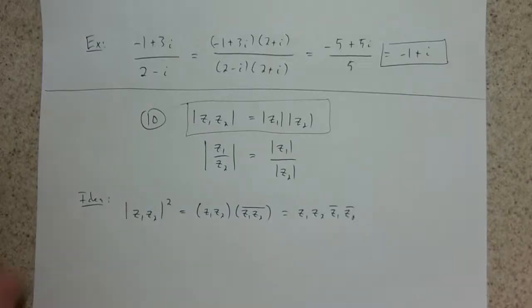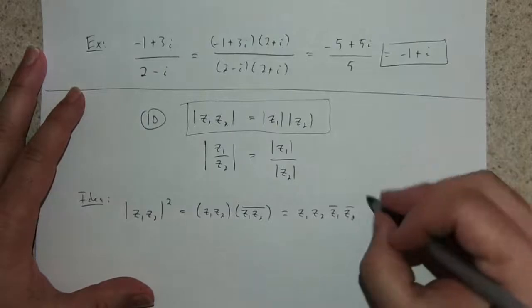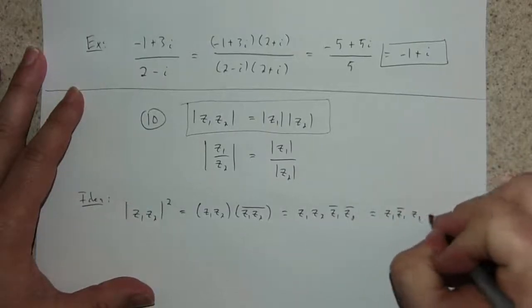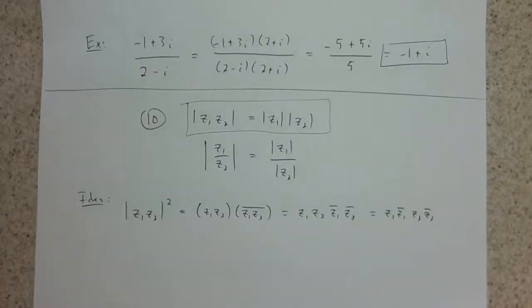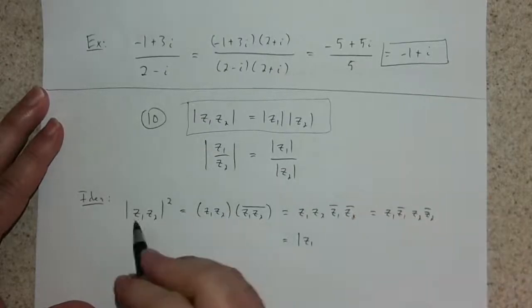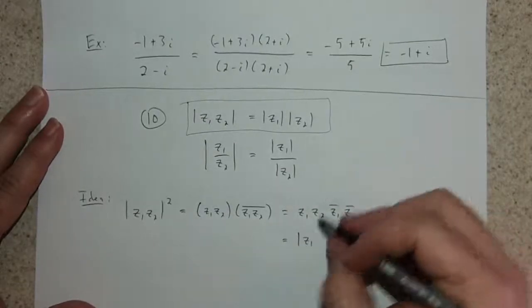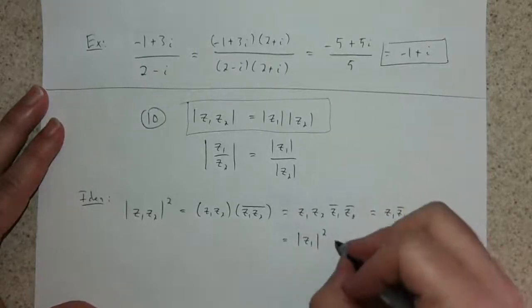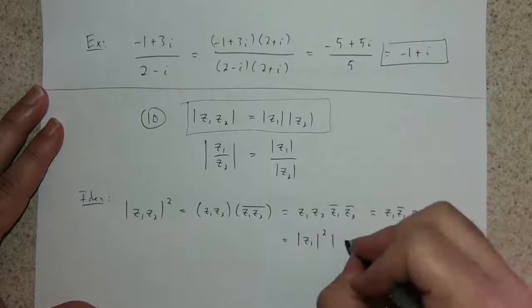Okay. And now I can rearrange these. So I can rearrange these as z1, z1 bar and z2, z2 bar, if you like. But of course, then this is by the same formula that we started out with from number 9. This is mod z1 squared times mod z2 squared.